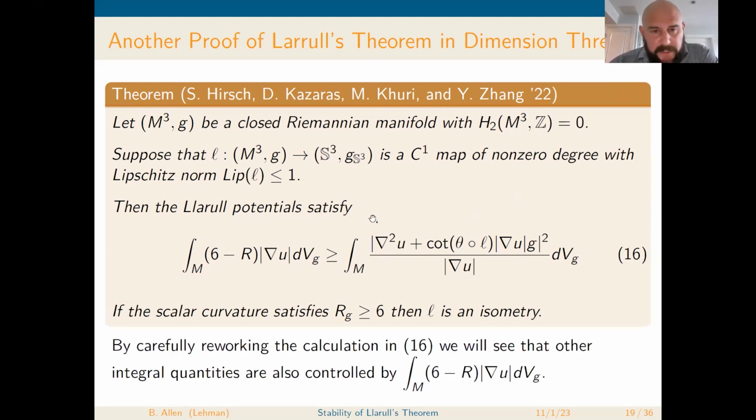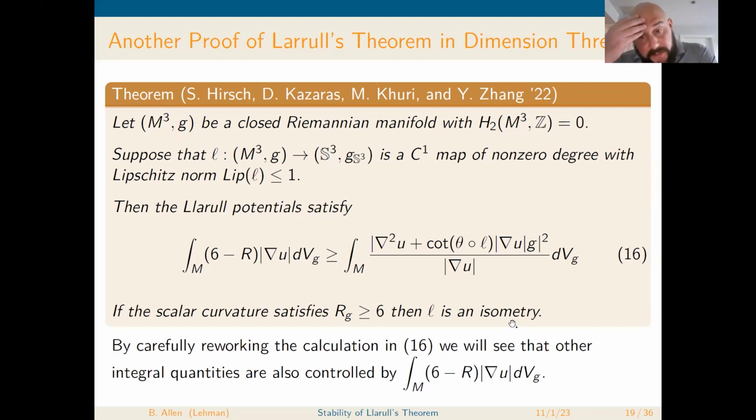And what we're going to need actually, and they already knew about this, but they didn't need it. But by carefully reworking the calculation in 16, you can see that actually there's other terms that go to 0. It's not just this Hessian term. So we'll see that there are going to be some other terms which also go to 0, which are going to be useful for us.